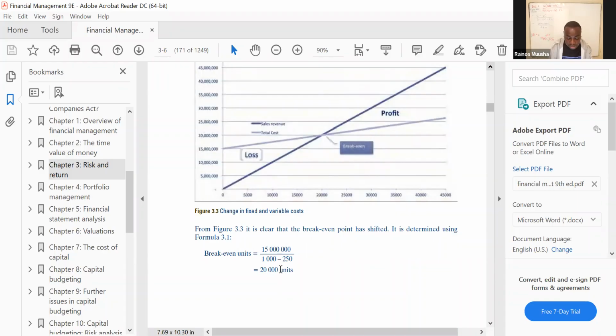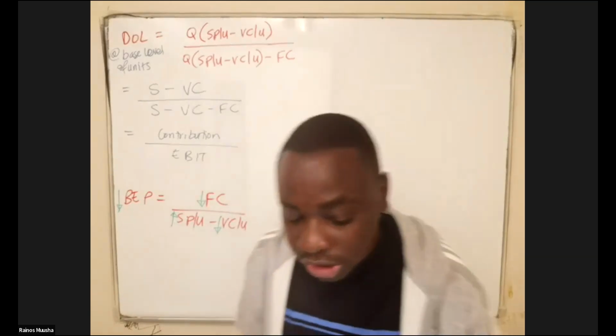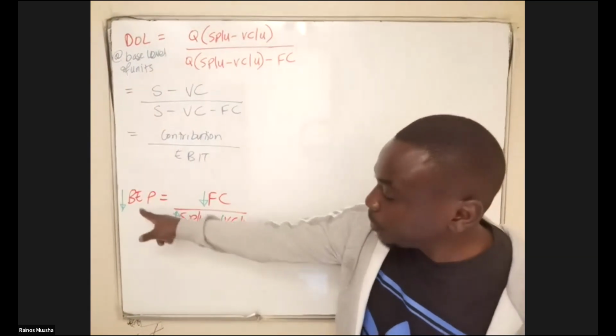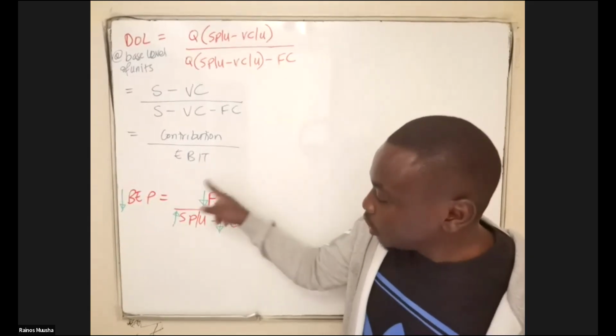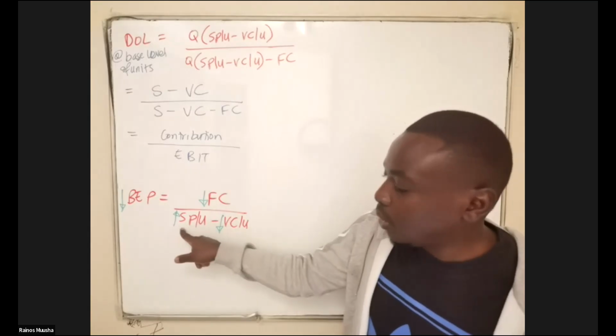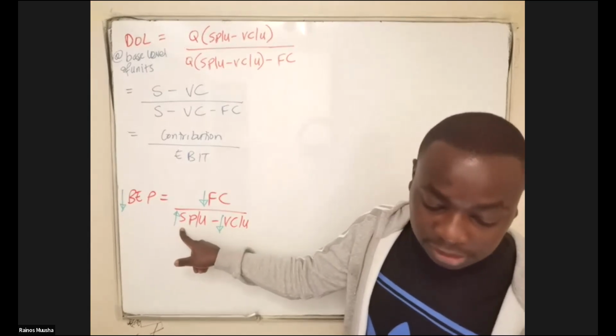So when you're looking at the overall effect, you need to check exactly what the overall effect is on fixed costs, on selling price per unit, and on variable cost per unit. But if one factor changes and other factors remain the same, to reduce your break-even point, you either reduce your fixed costs, reduce your variable costs, or increase the selling price per unit.